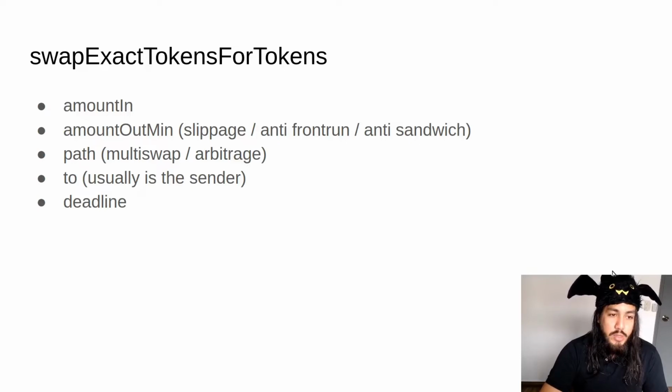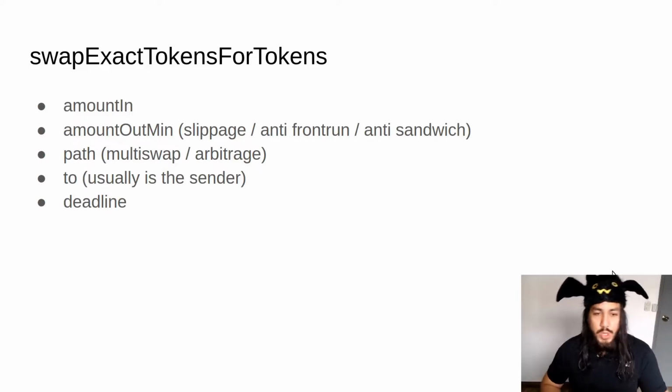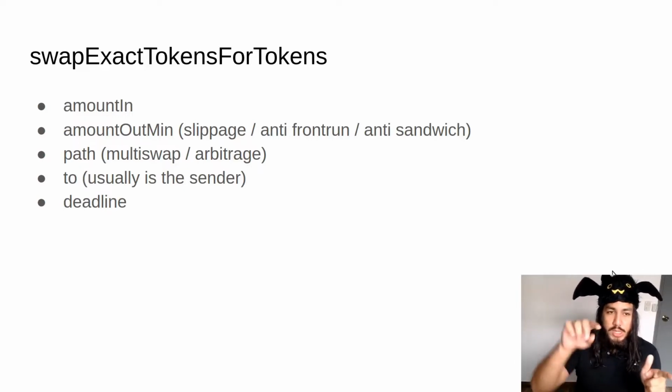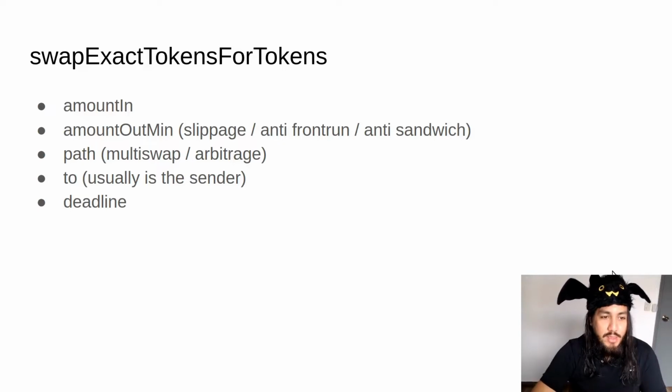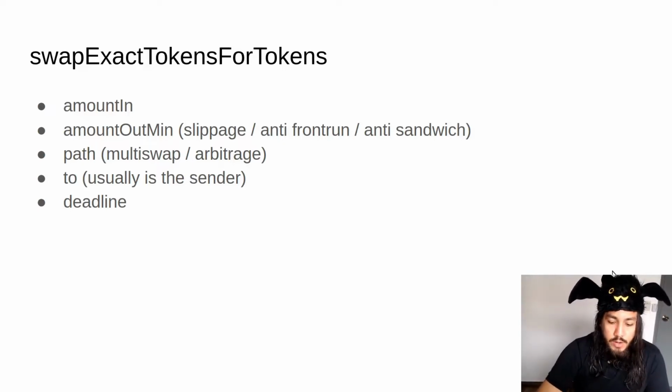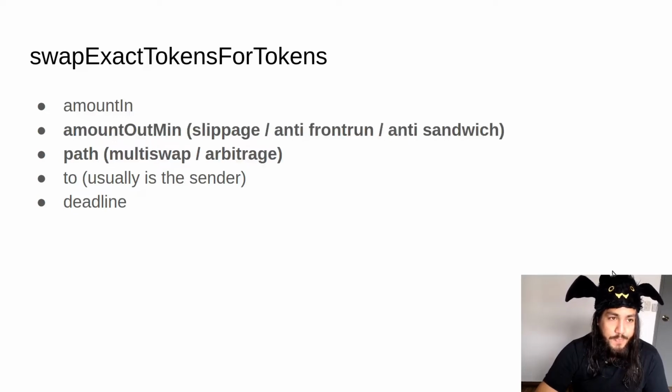And the next parameter is who is going to receive the tokens. We don't have access to this in the UI, but at the contract level you can deposit from one contract and have the tokens received by another, which is nice. And the deadline is how much time you are willing to wait for the transaction to be executed.